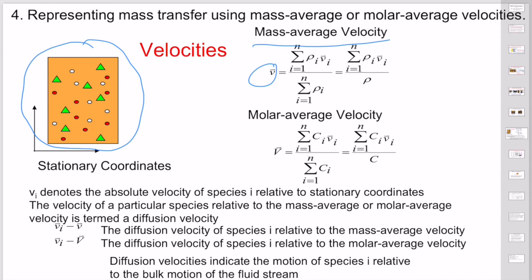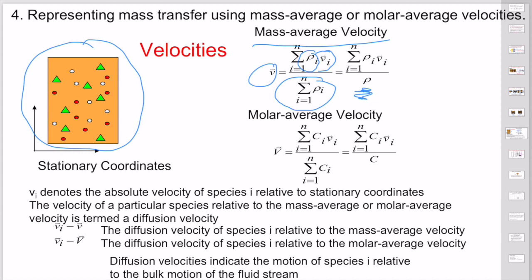And so they each have a velocity. I'm going to take the mass concentration of each species times its velocity, and then divide by that total, which turns out to be the total density. Okay, and that gives me the mass average velocity.